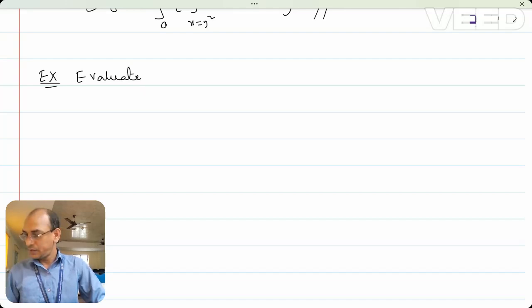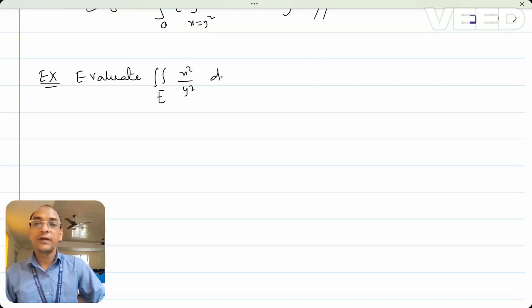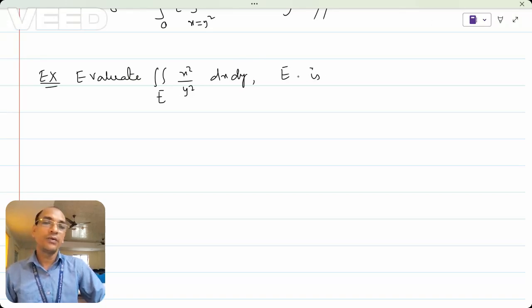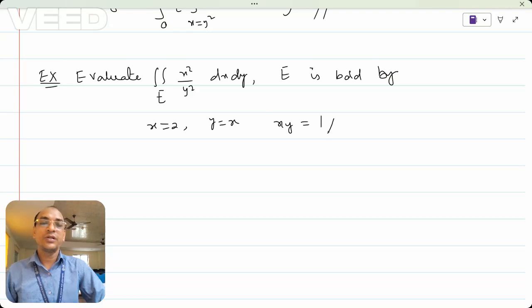Evaluate the double integration over E of x square by y square dx dy. E is bounded by x equal to 2, y equal to x, and xy equal to 1. So this is the thing given.